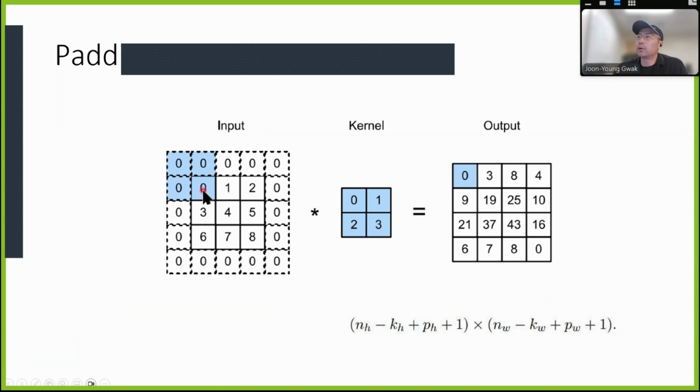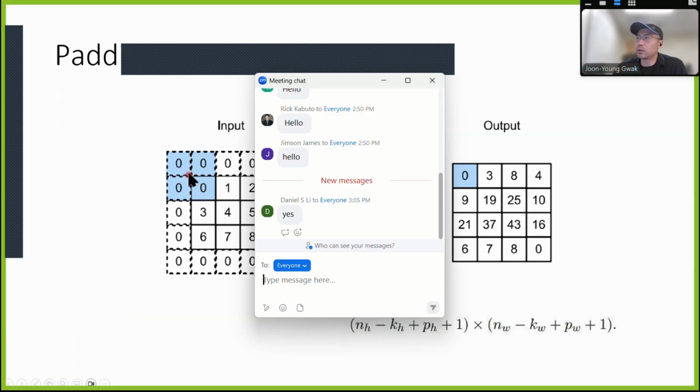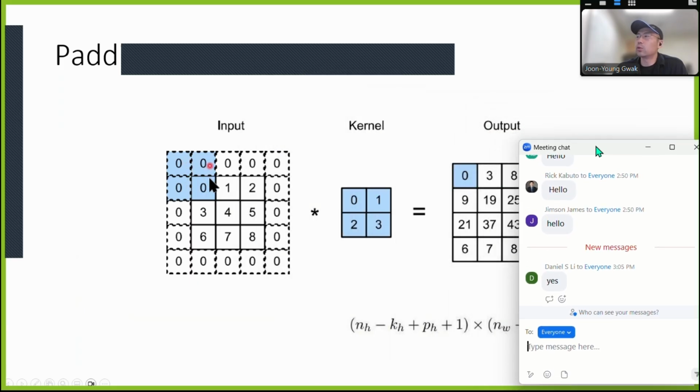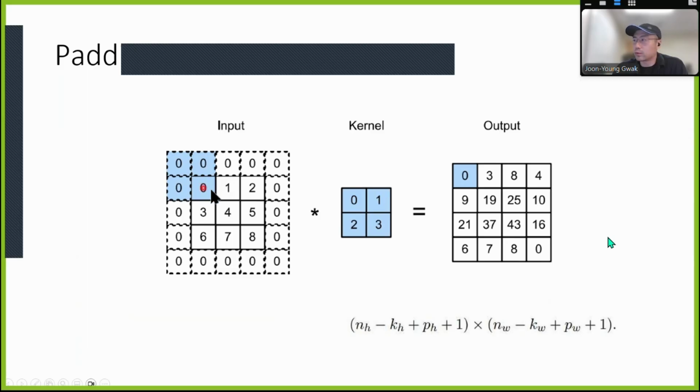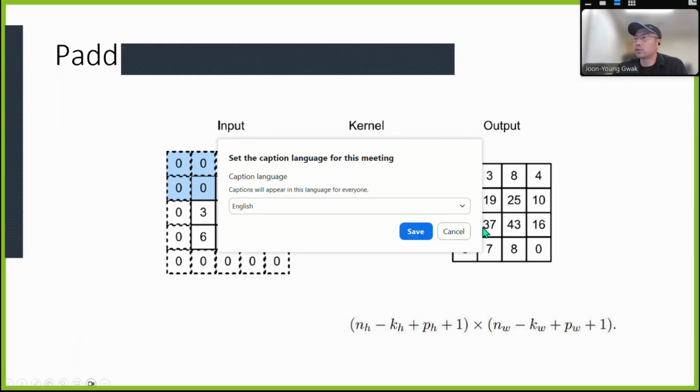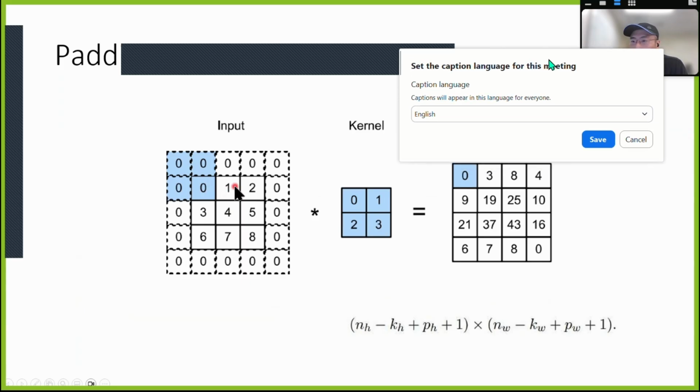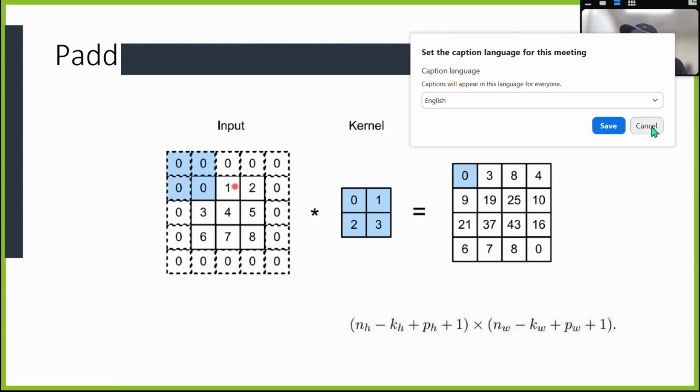But when we apply the padding, it can be applied to input submatrices of the blue region 0, 0, 0, 0, and also the next one of 0, 0, 0, 1. So this indicates that the kernel can also produce values based on the edges. So we can detect patterns from the edges of the image.